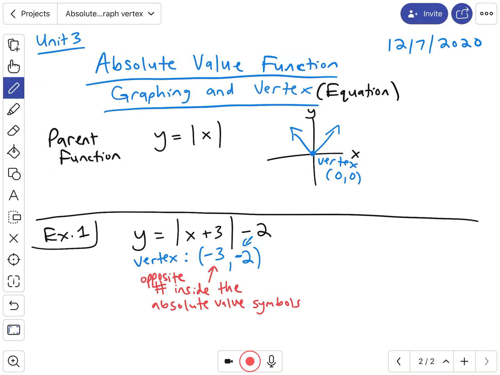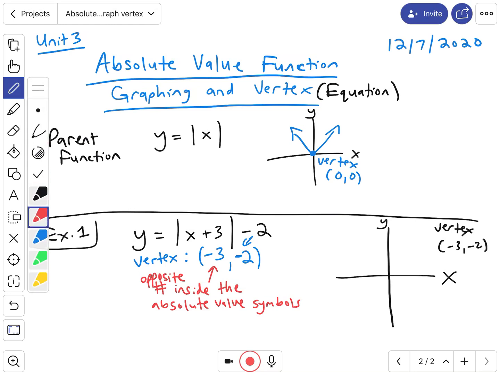And I'm going to do a not very accurate sketch, just to get the idea of where the vertex is. If the vertex is at negative 3, negative 2, negative 3 means I'm going to go left 3, and negative 2 means I'm going to go down 2, because this is the x and this is the y.